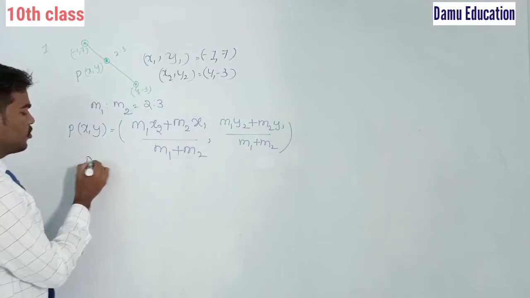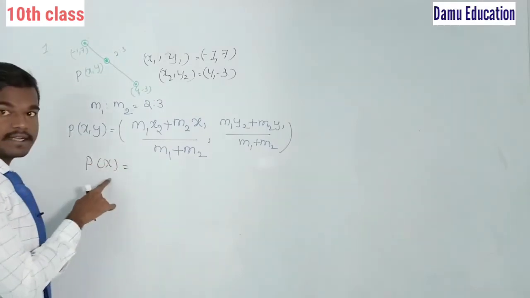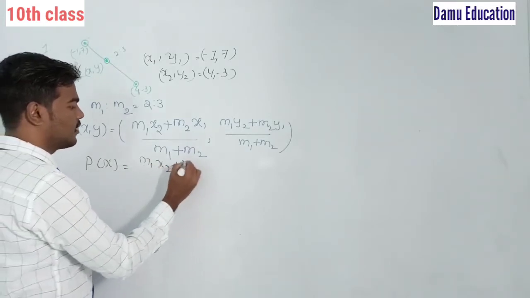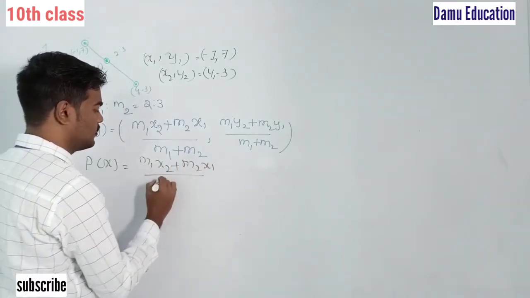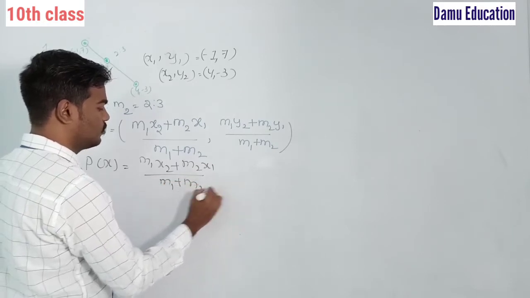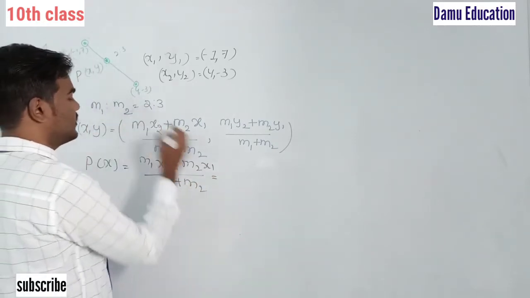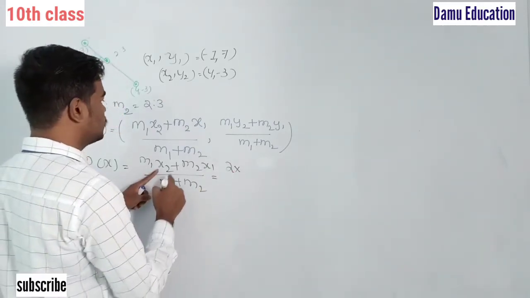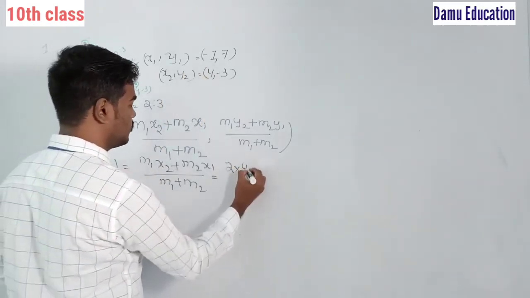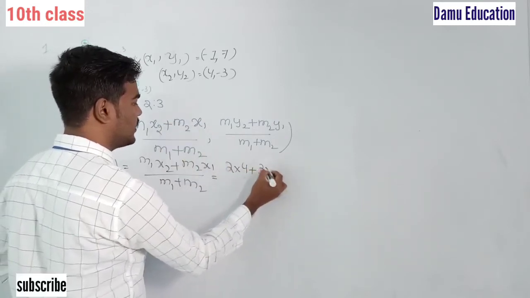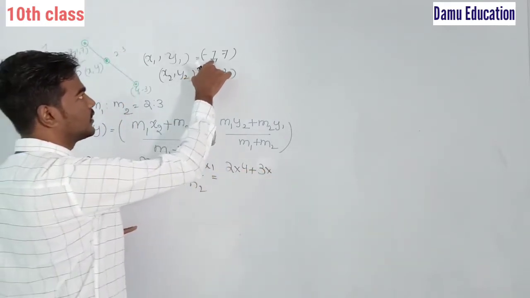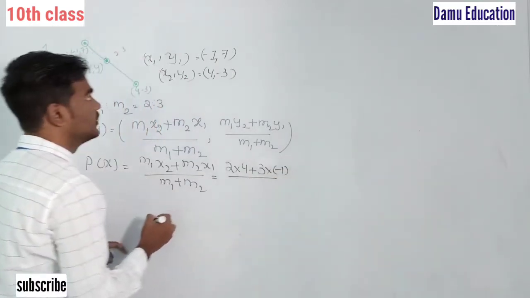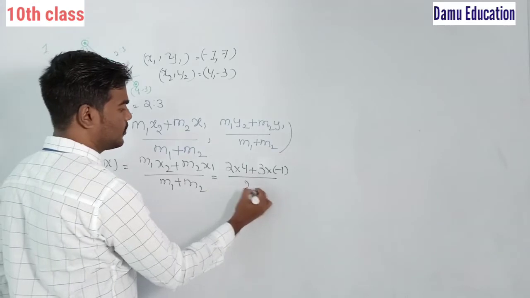P of x can be written as the x coordinate, that is m1 x2 plus m2 x1 by m1 plus m2. So what is m1? m1 is 2 into x2, which is 4, plus m2, which is 3, into x1, which is -1, whole divided by m1 plus m2, 2 plus 3.